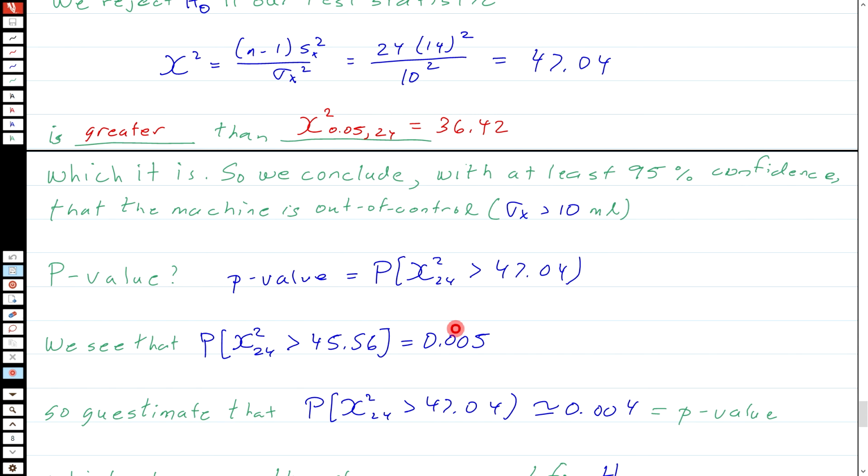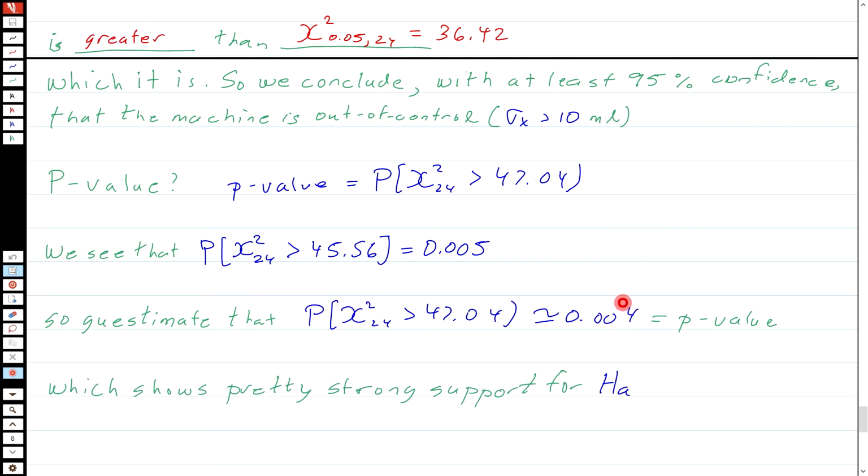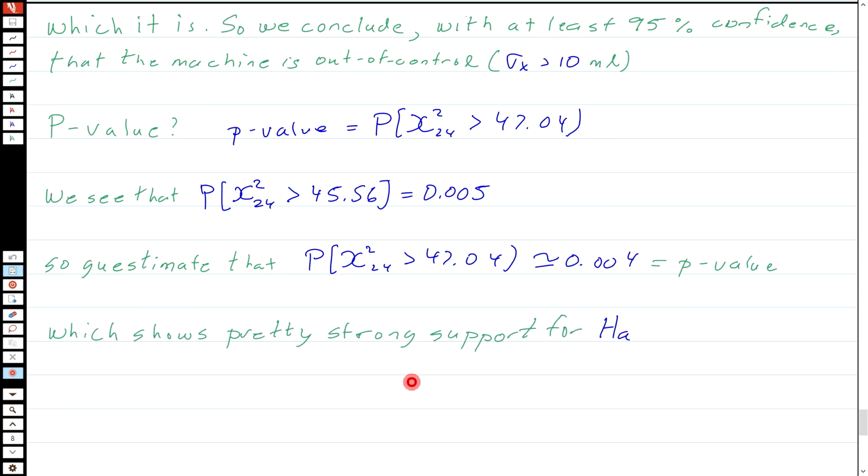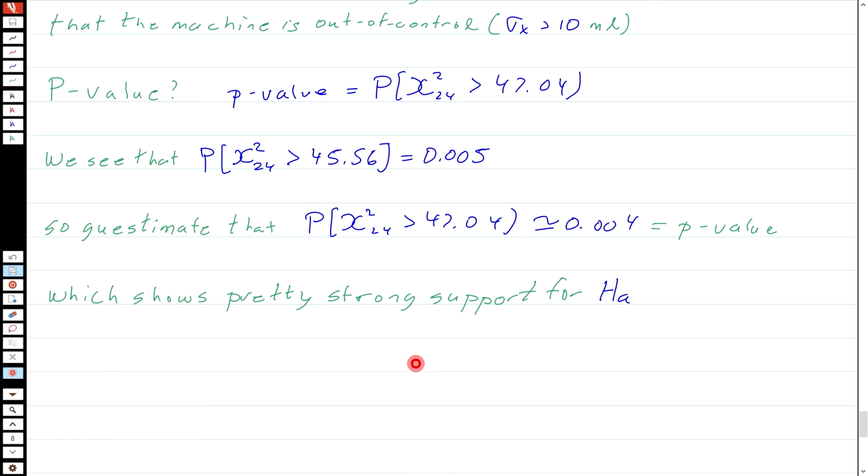I see from the chi-squared distribution table that the probability that chi-squared is bigger than 45.56 is 0.005. So I'm going to guesstimate that the probability that it's bigger than 47 is a little bit less than this, and I'm going to say that's 0.004. And that then is my p-value, and that basically is showing pretty strong support for the alternative.